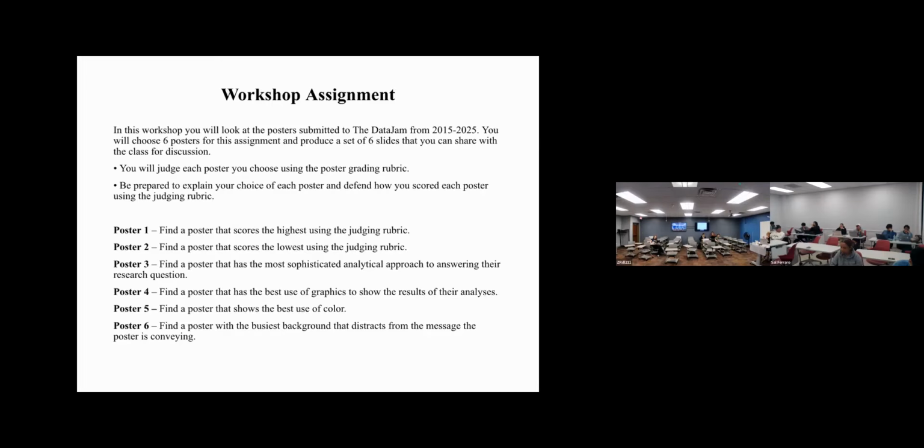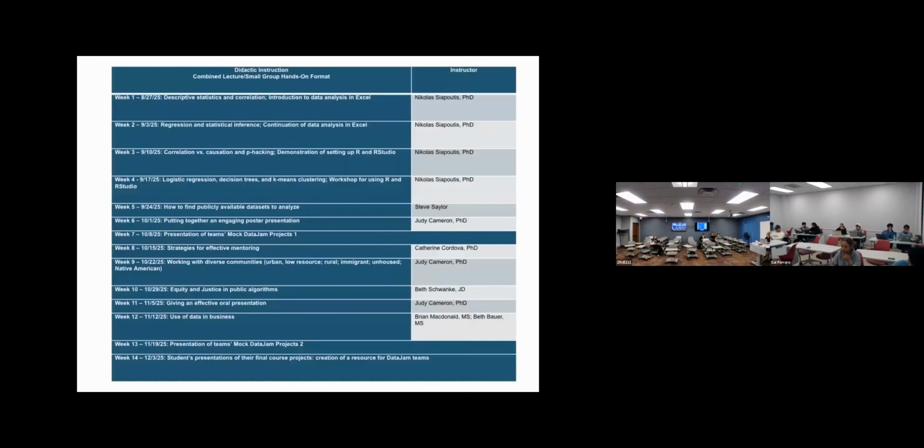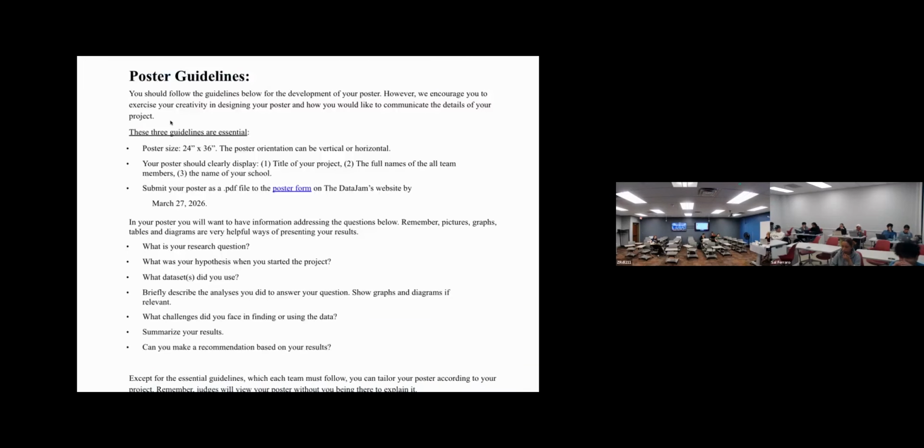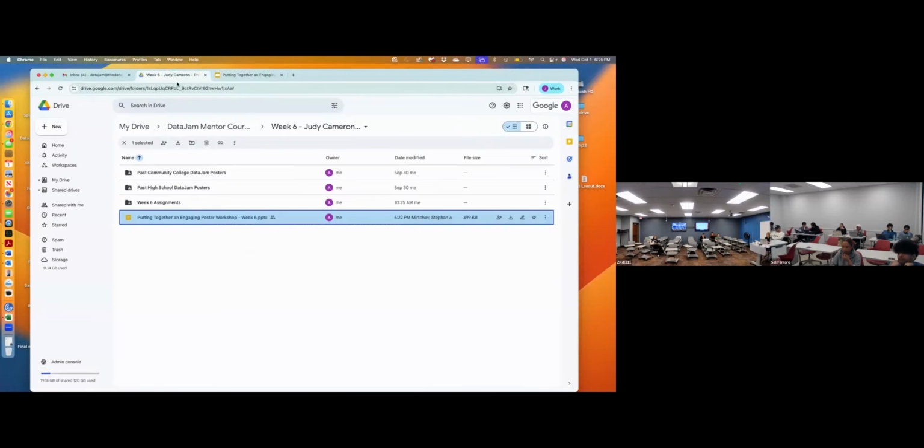So you're going to basically take those 6 posters that you find, you're going to judge them, and then you're making your own team PowerPoint. You're going to upload that. I'm going to go back here. Here we have the different folders.